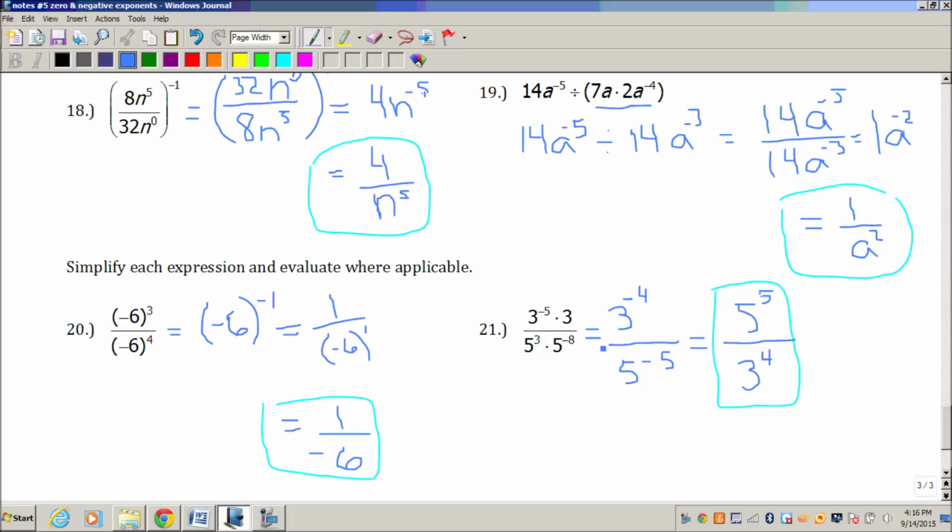And then the same thing in number 21. I simplified the numerator, I simplified the denominator, but since each exponent is negative, since the 3 was in the numerator, it ends up in the denominator. Since the 5 was already in the denominator and its exponent is negative, it puts it in the numerator. Because in essence, this is 1/5, it puts the 5 in the numerator then.